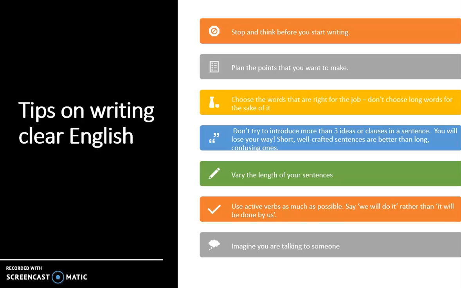We're going to move on now to tips on writing clear English. So just a few things to think about. First of all, stop and think before you start writing. We've talked about this a lot, but being very clear about what you want to say, even in the sort of pressurized exam environment, you've still got time to spend a few minutes thinking, now what do I actually want to get across?